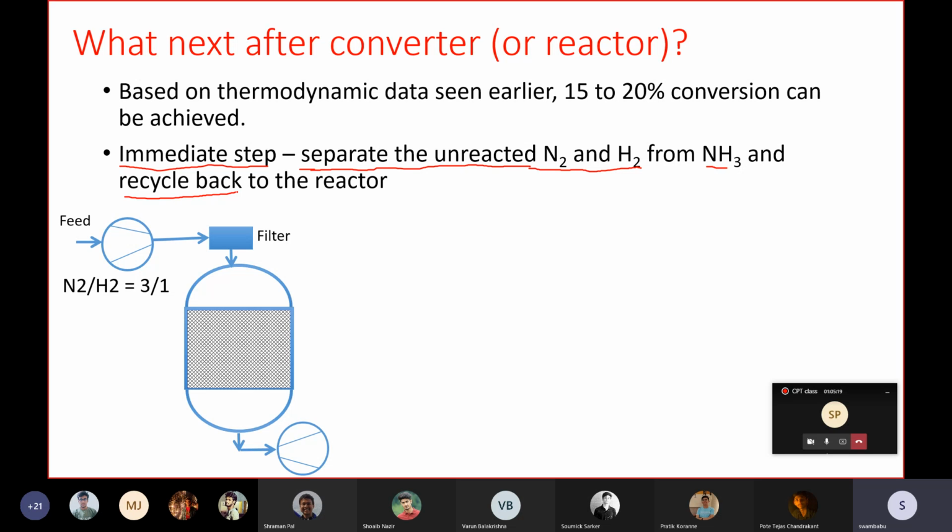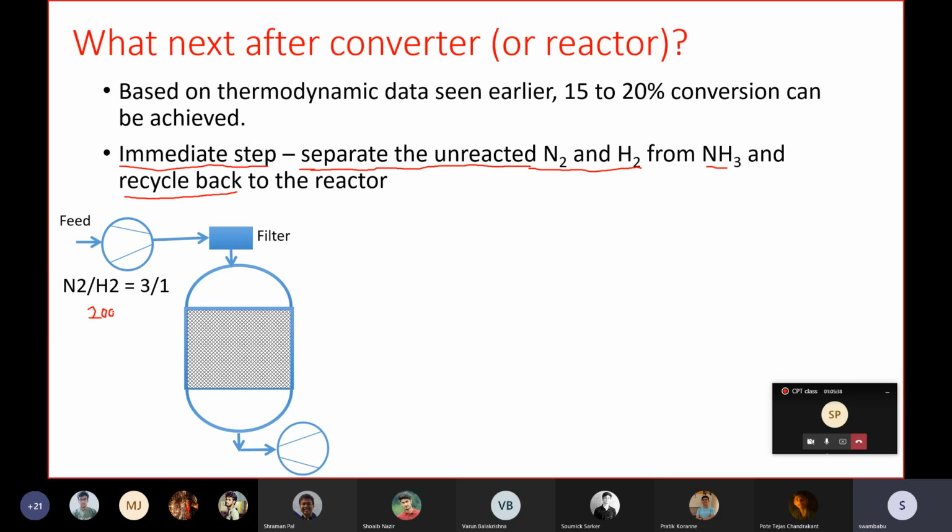So after leaving the reactor, we all know that it's introduced at 200 atmospheric pressure.